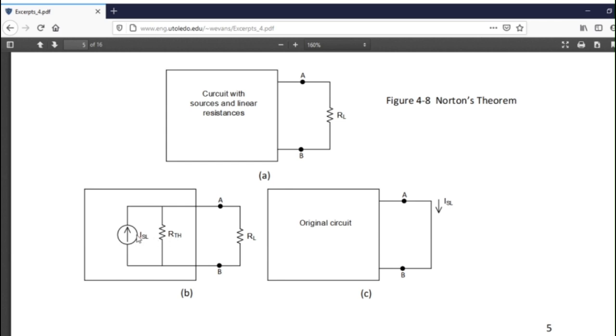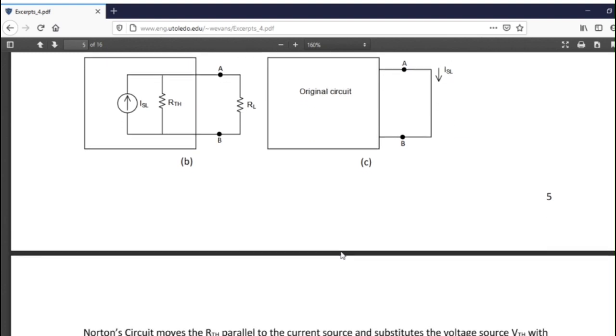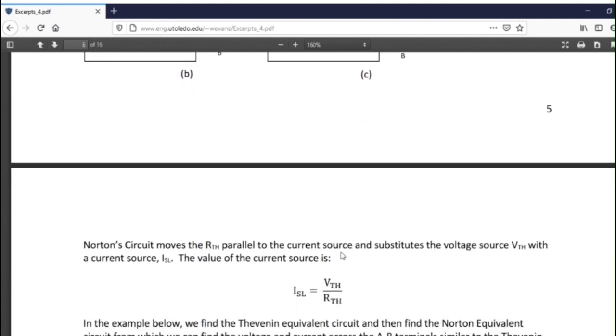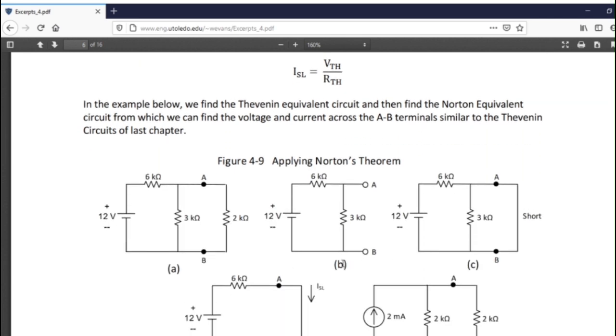So basically, you get the current I shorted load and you put the R Thevenin in parallel with it, and this gives me the current equivalent of the original Thevenin circuit. So that's how you convert from V Thevenin to R Thevenin. You need to know this basic equation: I shorted load is V Thevenin over R Thevenin, and then you can convert from one to the other.